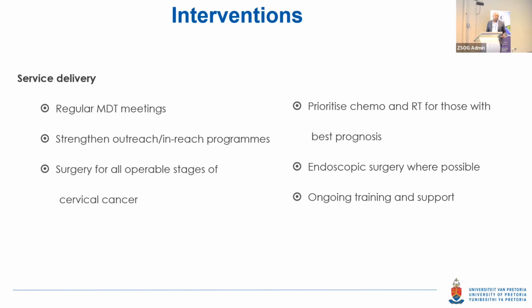When we think a patient can be operated today and go home tomorrow, we do it endoscopically to avoid overcrowding, because we are more often than not confronted with bed shortages. And we also encourage ongoing training and support.